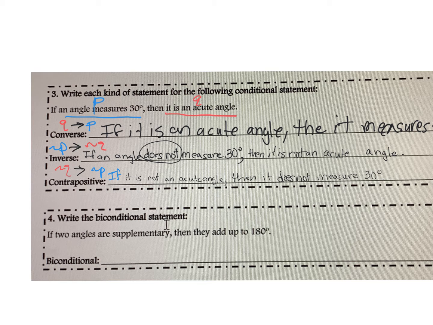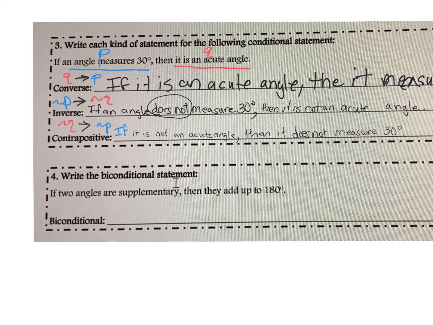Now the last statement we're going to write is a biconditional statement. What does the word biconditional mean? It means if and only if. So we're taking this conditional statement, if two angles are supplementary, then they add up to 180 degrees, and making it into a biconditional statement. We're taking off the word if at the beginning and taking off the word then.